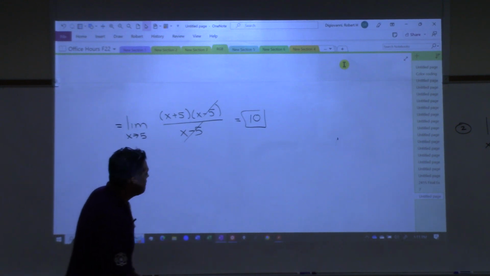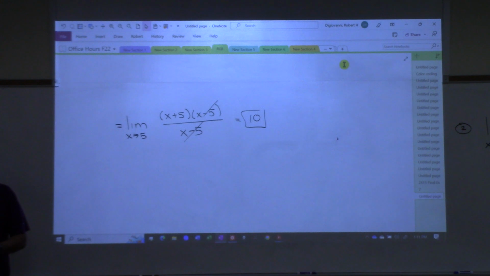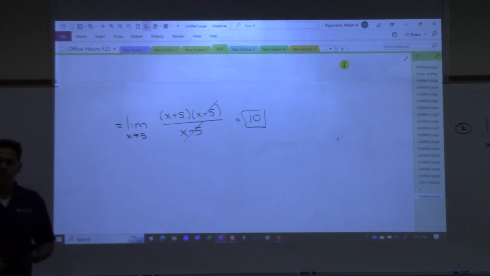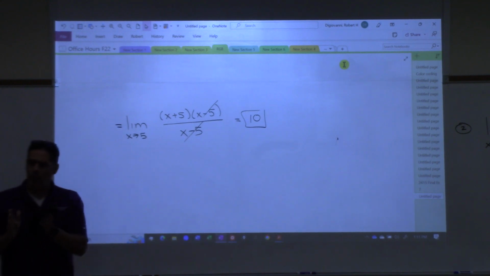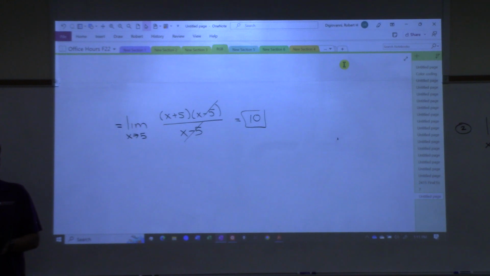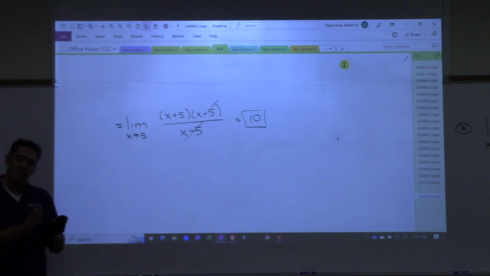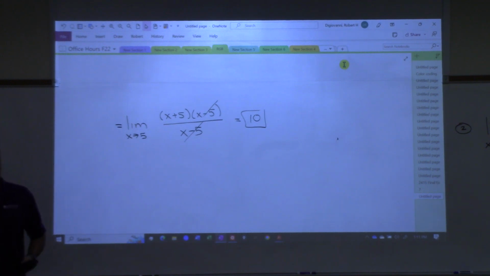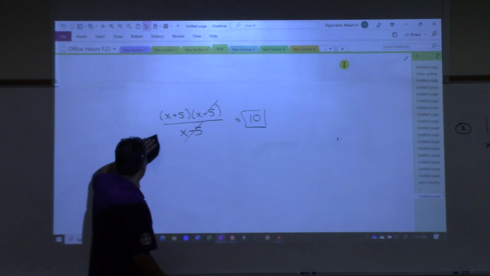All right? Any questions? Yes? So when you said undefined, yes, it's undefined, not does not exist. I want you to reserve undefined for when we're talking about the value of a function at a point, and use does not exist when you're talking about limits. Now, that could be debated.